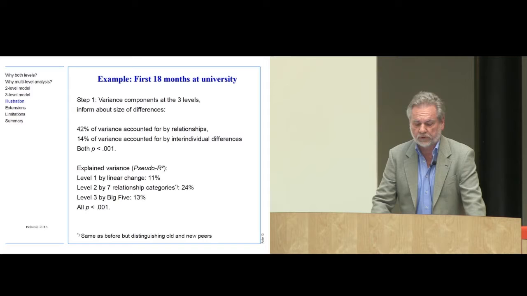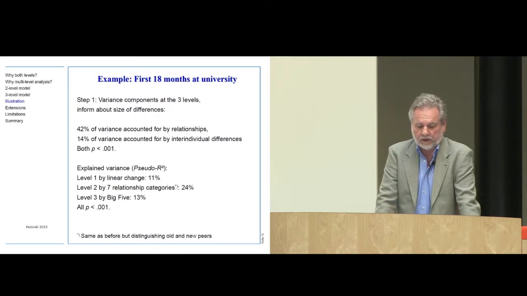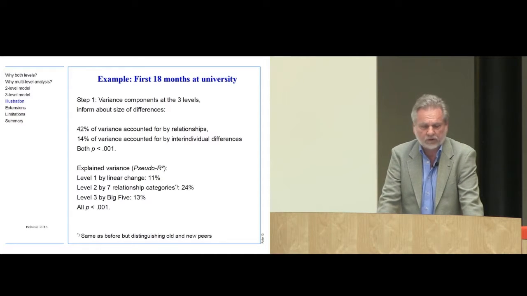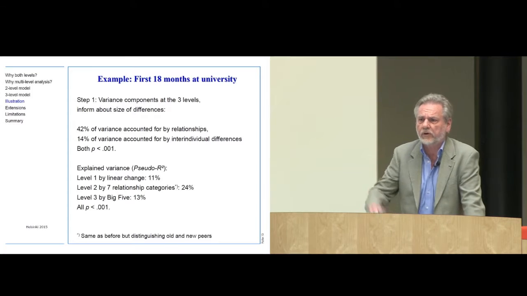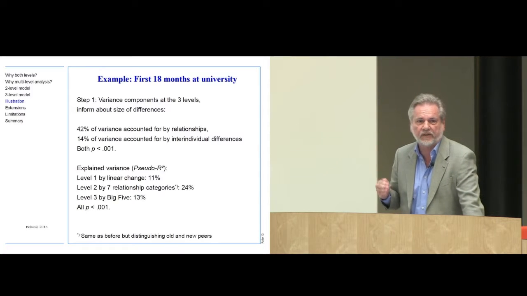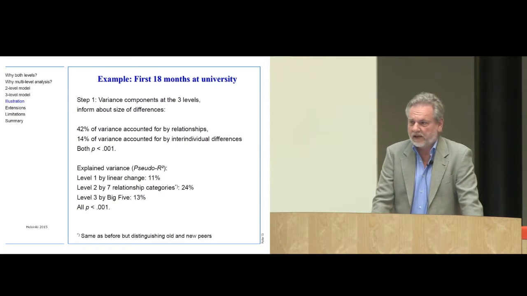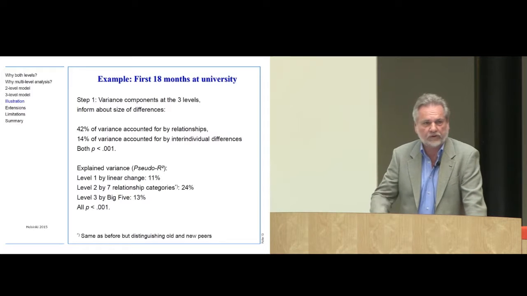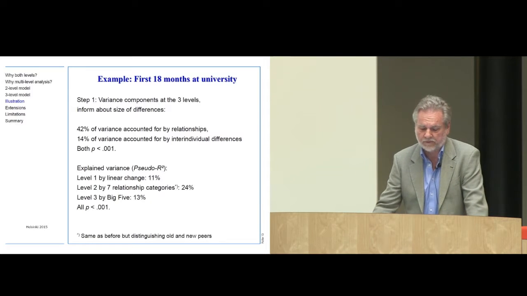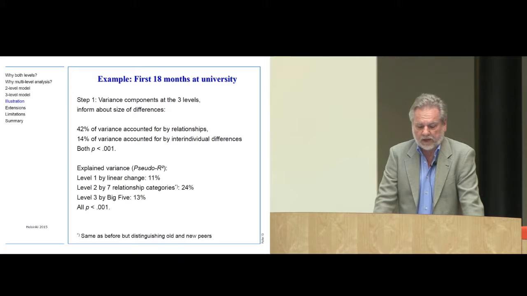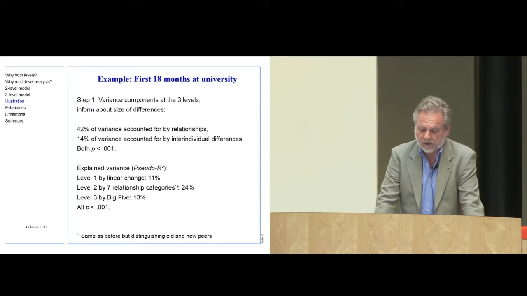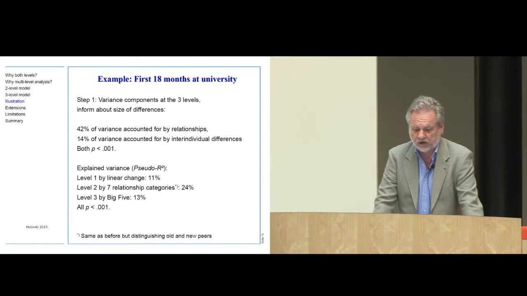Then if you include time, you have the explained variance. It's called a pseudo R-square because it does not add up nicely, unfortunately, like in a normal regression, because you have here a multi-level model. So linear change explains 11% of the changes over time.